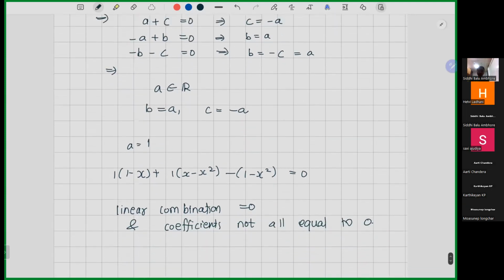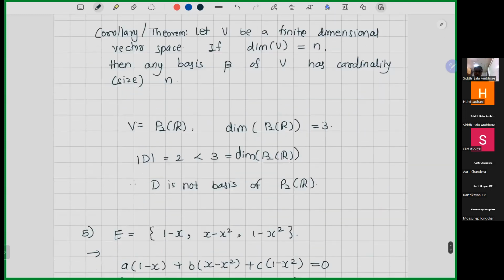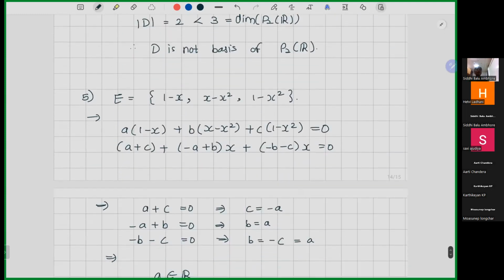So understood that? From all these examples, this was the example where the cardinality was 3, but the set was a linearly dependent set. Because if I give names u, v, w to the elements, then we can observe that u plus v is actually giving me w.